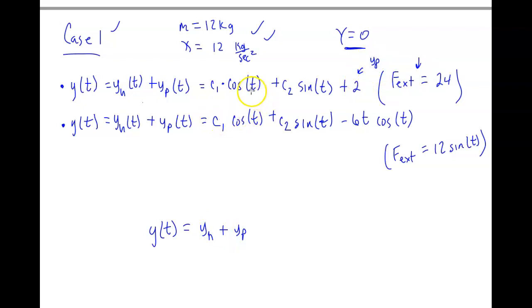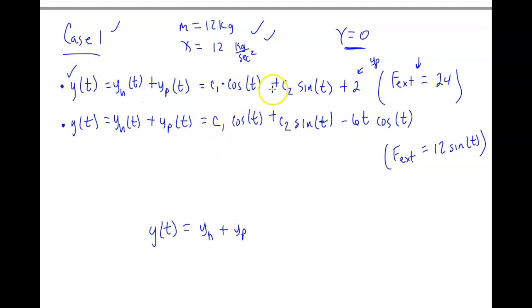Now, we see here that if I was to try to figure out how high is this going to go, or how low is it going to go, or put another way, what's going to be the amplitude of this particular function here?